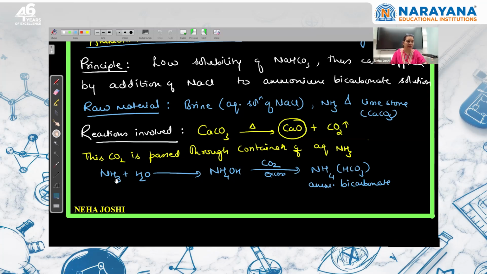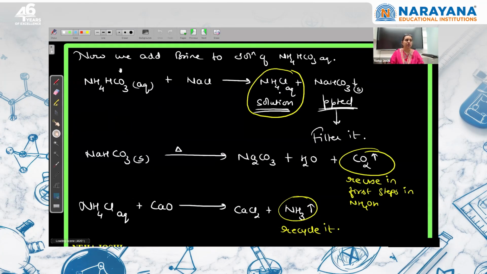So ammonia being basic, first with water is forming ammonium hydroxide. Ammonium hydroxide is a basic solution. CO2 being acidic, these two combine. And as we are passing excess of CO2, whenever you pass excess of CO2, you always have bicarbonate. So you will have ammonium bicarbonate. To this ammonium bicarbonate solution, we add brine, and brine also in excess, large amount.